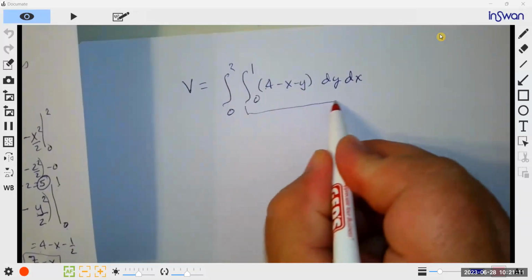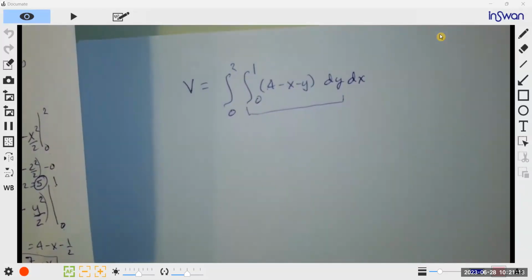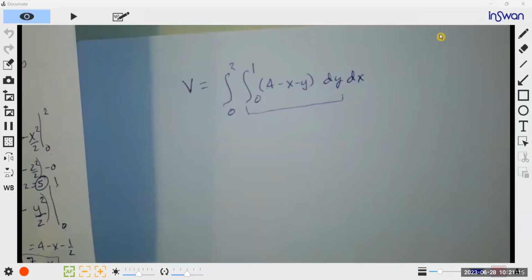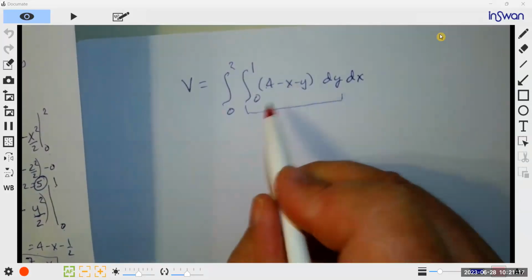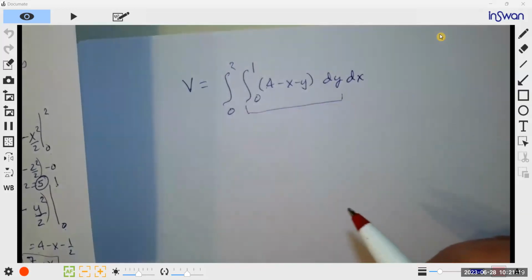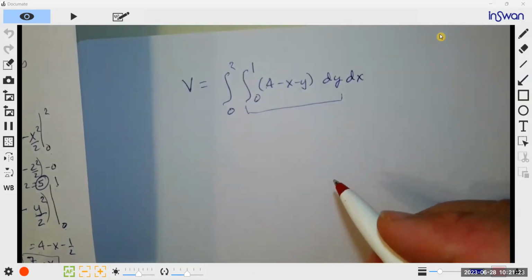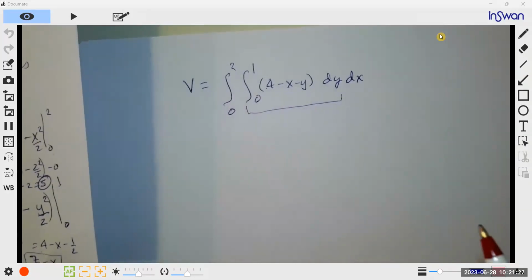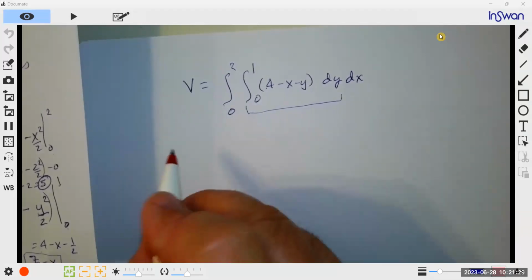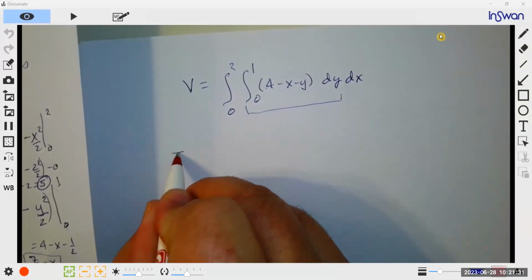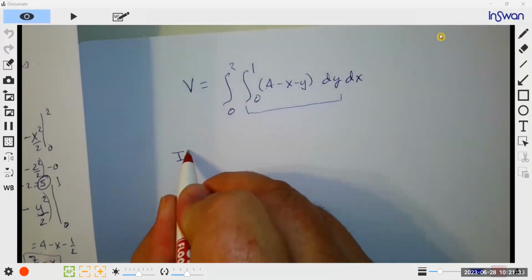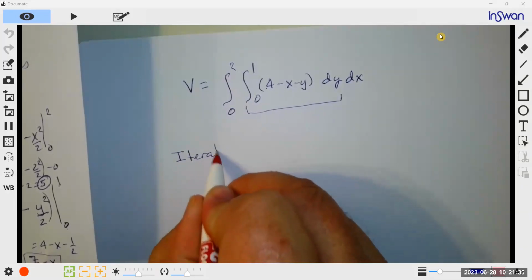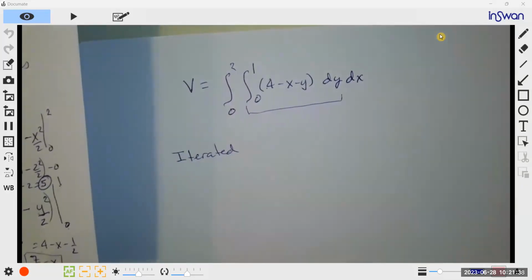So what Fubini told us is that when we do multiple integrals, start from the inside and work your way out. These are called iterated integrals.